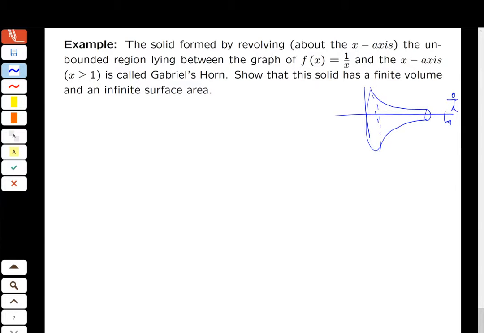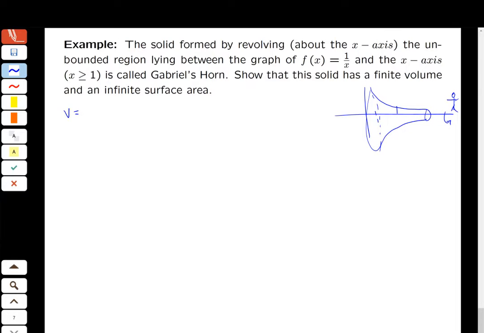Let's do the volume first. Volume equals, if I'm revolving this about the x-axis, I would submit to you that the washer method is the easiest one.